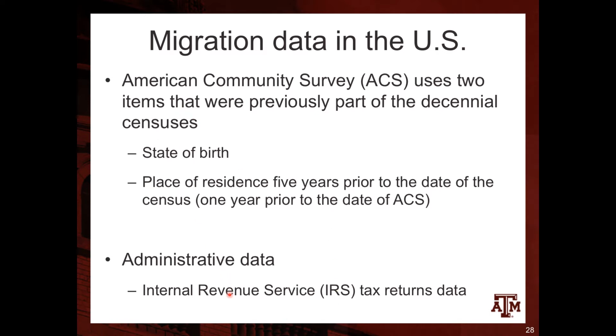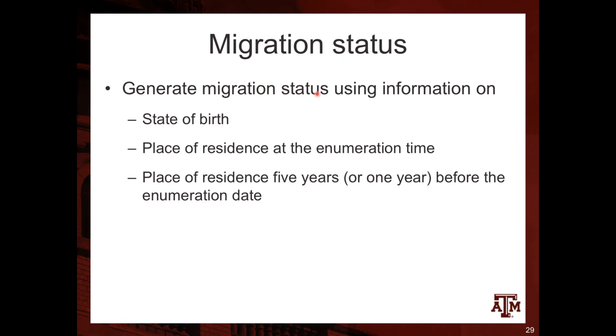And based on this sort of information here, we can generate migration status. So we can generate migration status using information of state of birth and place of residence at the enumeration time, the time that the census or the American Community Survey is being conducted. So the census date or the American Community Survey date is April 1st of the year that the survey is being conducted.